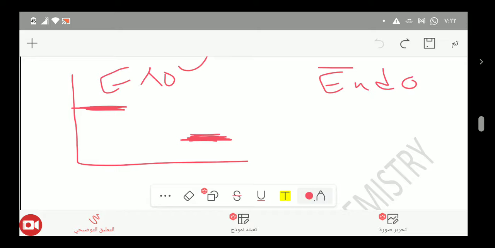So you have to remember the position of reactants and products on the curve and the direction of the enthalpy change.